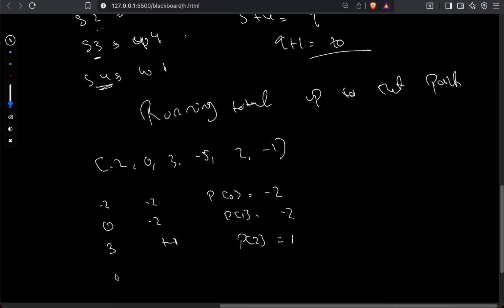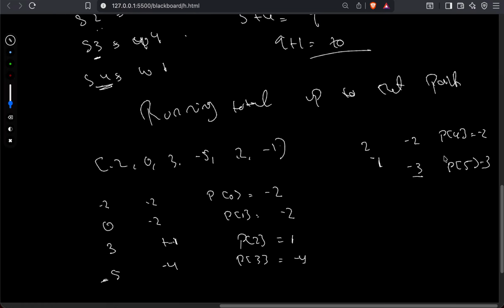Now we add -5, so total is -4, so prefix of 3 is -4. Now we add 2, so total is -2, so prefix of 4 is -2. Now we add -1, so total is -3, so prefix of 5 is -3.